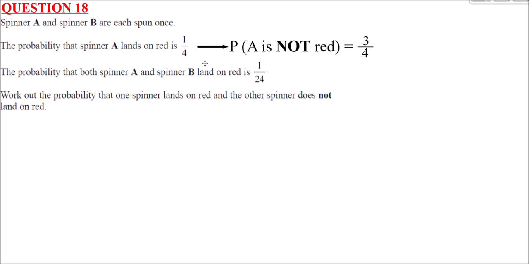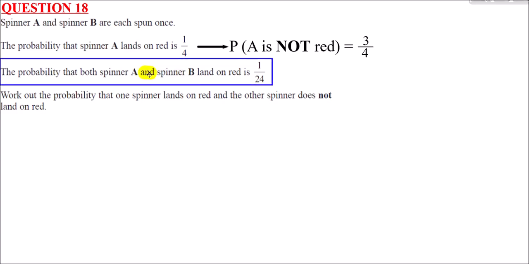The next thing we're told is that the probability that both A and B land on red is 1/24. Then we need to find the probability that one lands on red and the other does not. So let's hone in on this information here. I've highlighted the word and. The probability that both A and B land on red is 1/24.